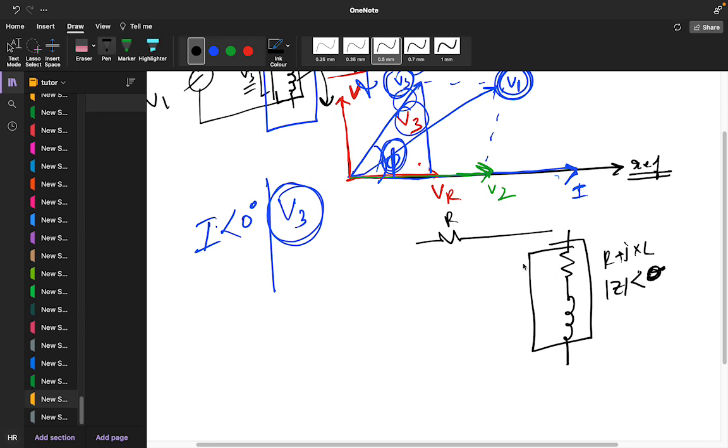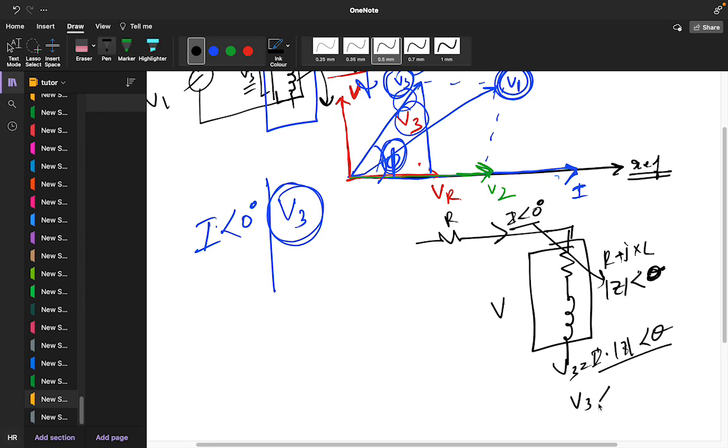And you are getting some V at an angle phi, or you are having some I at an angle 0. So if you multiply this I and this Z, what voltage will you get here? I into mod Z at an angle theta. This will be your V3.